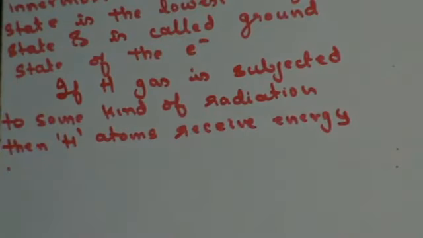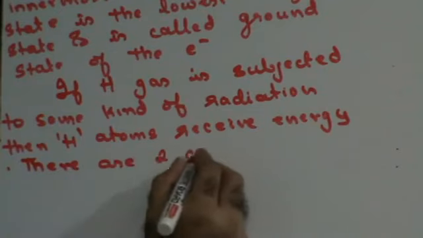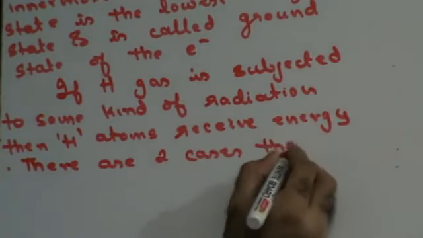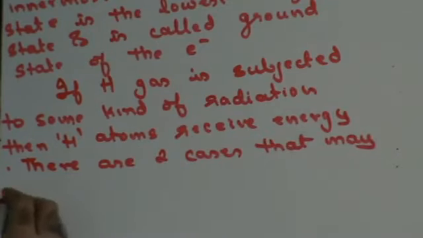Right? Now, this energy which is received by the hydrogen atom, how does it use it? There are two things that will happen to this. There are two cases that may arise. First, the energy absorbed is equal to or greater than 13.6 electron volts.